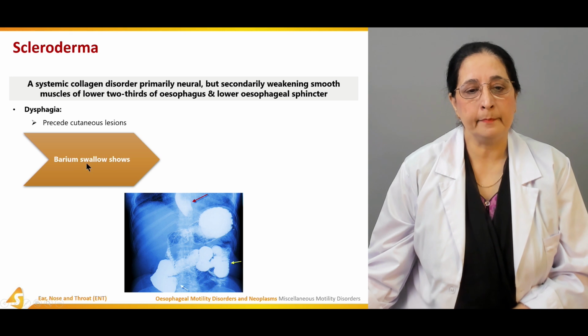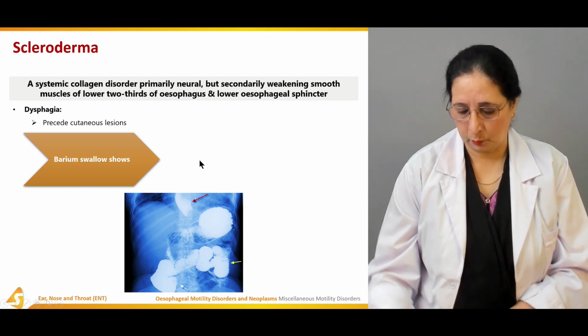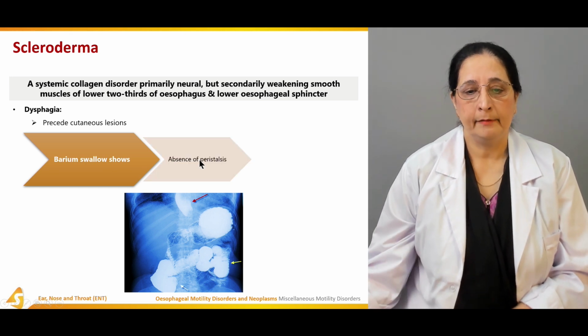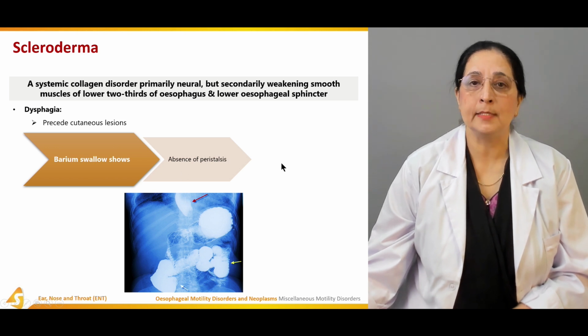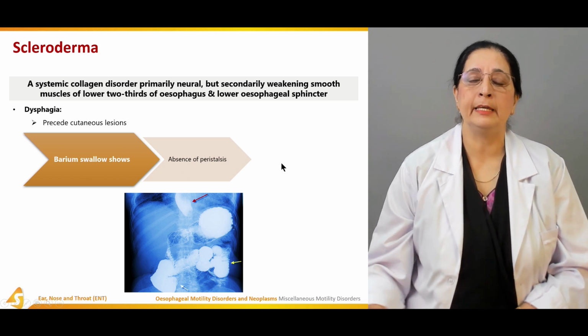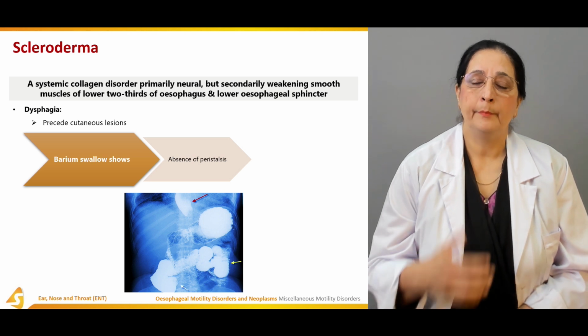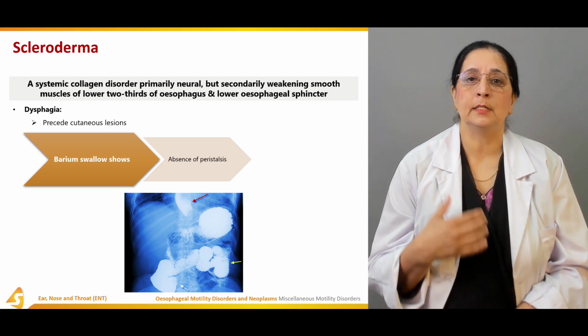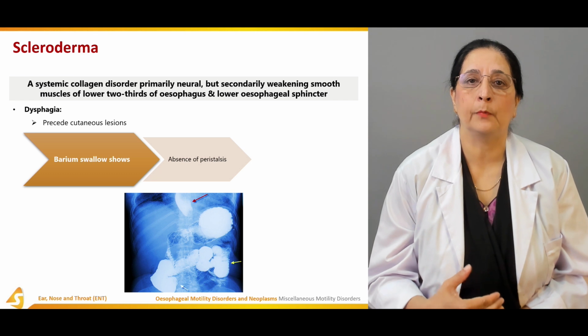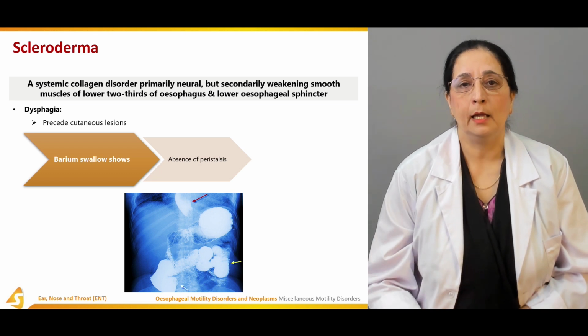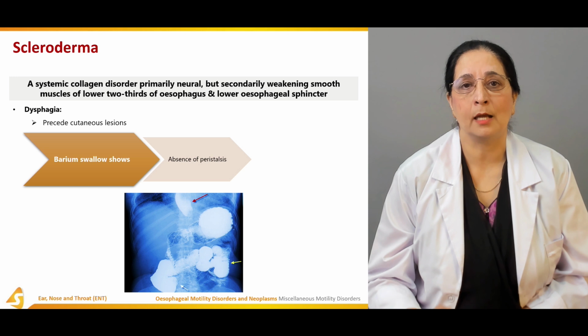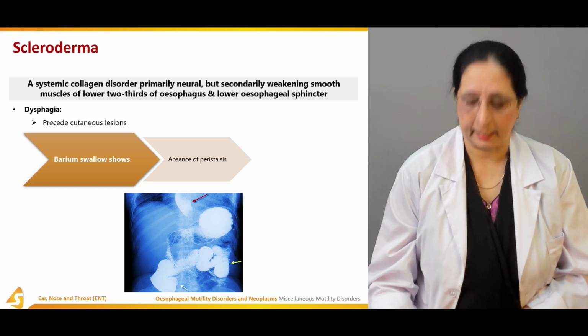Then the barium swallow shows the picture we get. There is absence of peristalsis because of the weakening of the smooth muscle. Peristaltic waves are absent, and peristalsis is very important for moving the esophageal contents down, and this is affected.